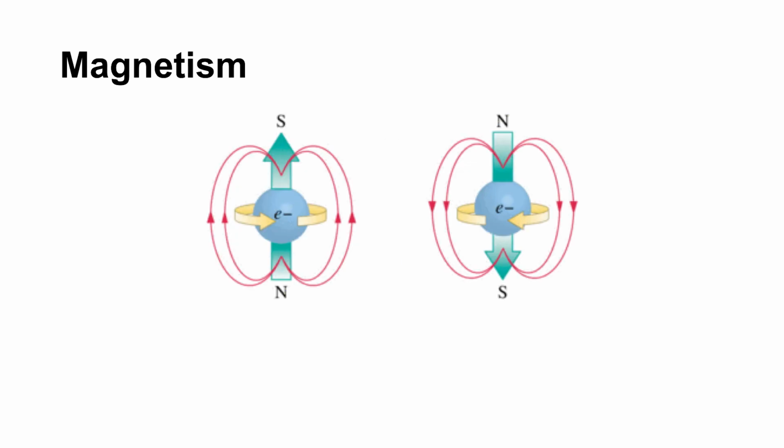You see that the spin of the electron on the left is counterclockwise, and that causes the field to be generated with the north at the bottom and the south at the top. So for the counterclockwise spin, there's something called the right hand rule. If you pick up your right hand and your fingers are pointed in the direction of the spin, then your thumb points in the direction of the field.